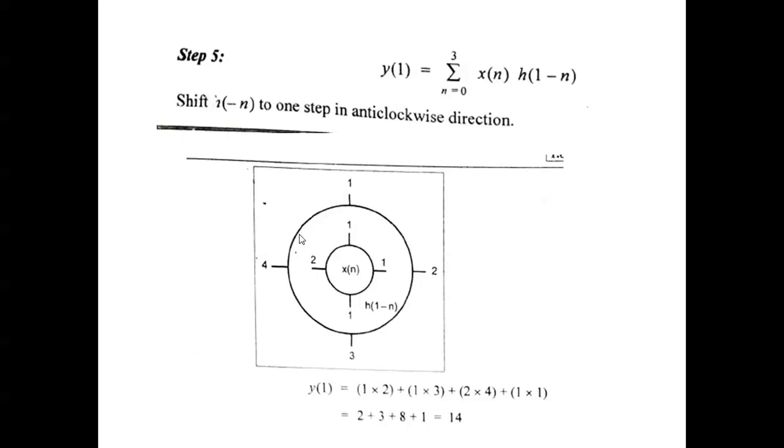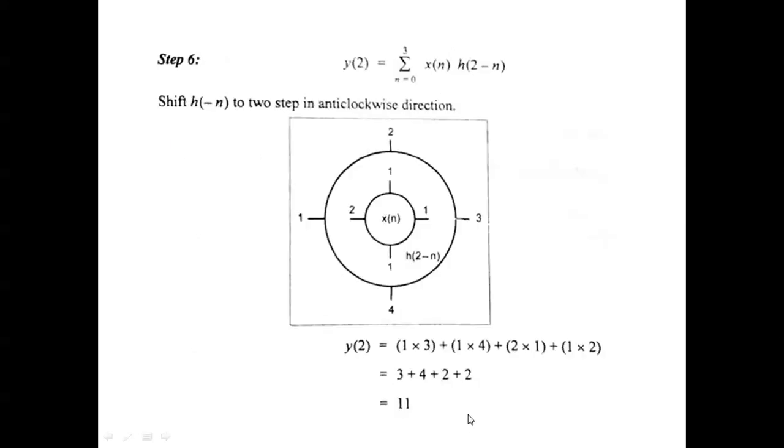Write the values anti-clockwise inside the circle, and the second circle also anti-clockwise, and shift just one step because it is y of 1. The 1 that is here will be moved, then multiply every value and add it, and you get the value y of 1.